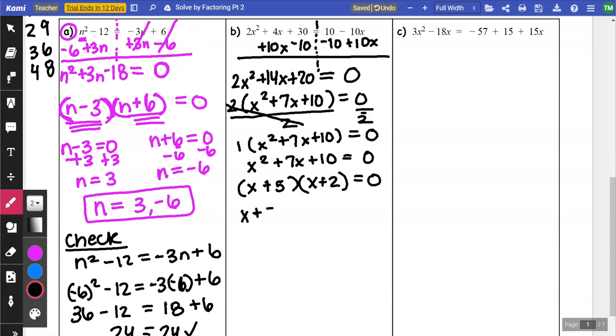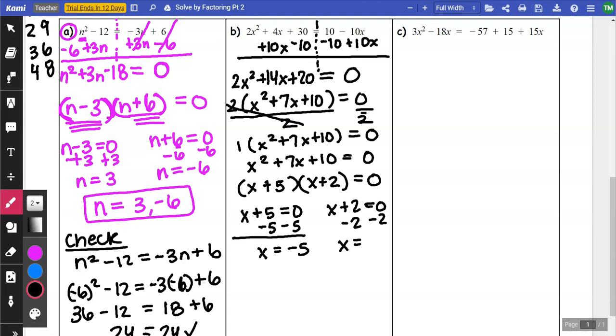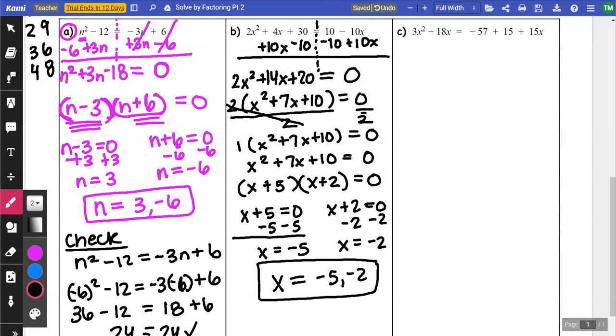You set x plus 5 equal to 0, x plus 2 equal to 0, and solve for x in each one. So x equals negative 5, and x equals, subtract 2 from both sides, so x will equal negative 2. So your answer is x equals negative 5 and negative 2. And you should go through and check it on your own. Just make sure that both of these values make the original equation true.